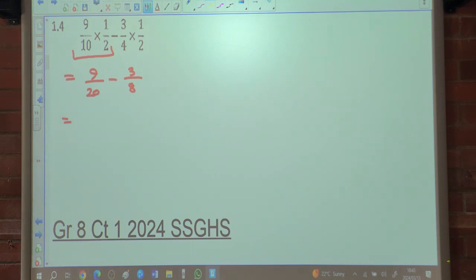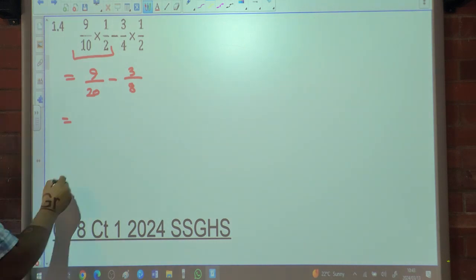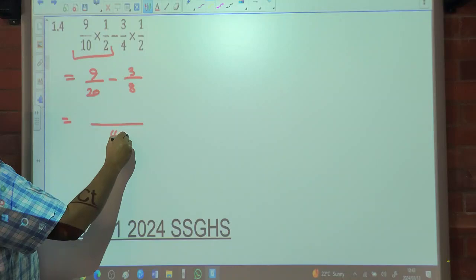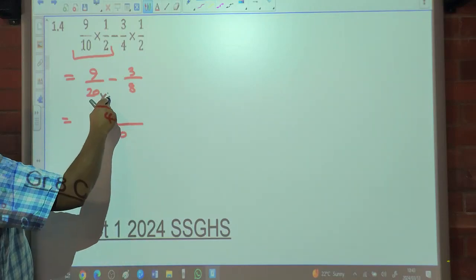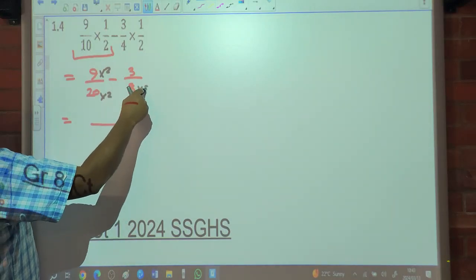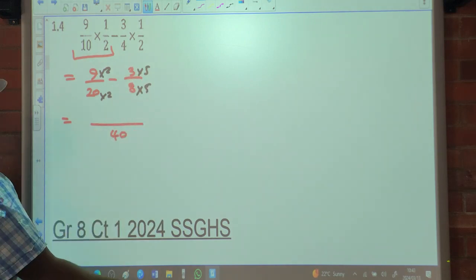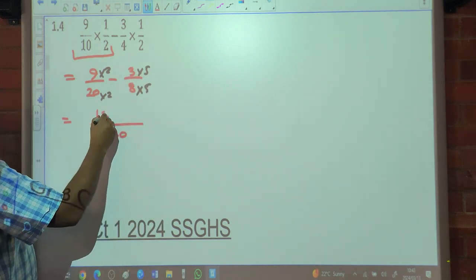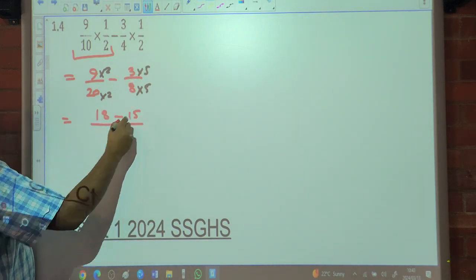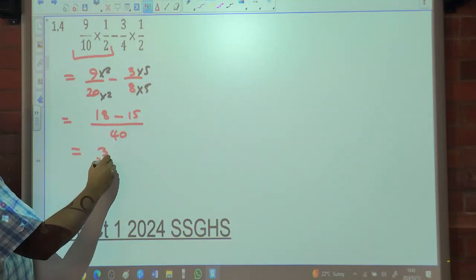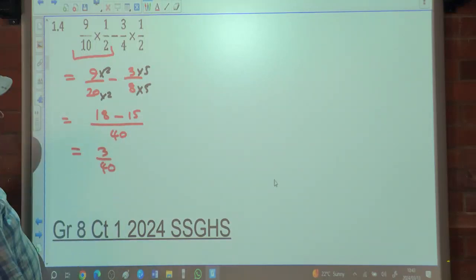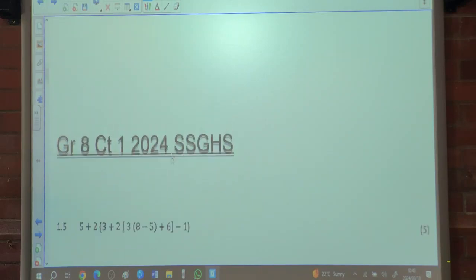What's your LCM between 20 and 8? 40. So this one is multiplied by 2. This one is multiplied by 5. So it gives you 18 minus 15. What's 18 minus 15? 3 over. So any confusion there? No. Okay.